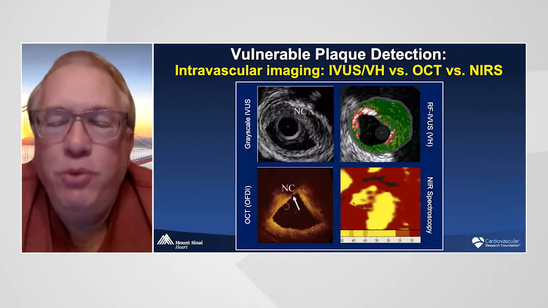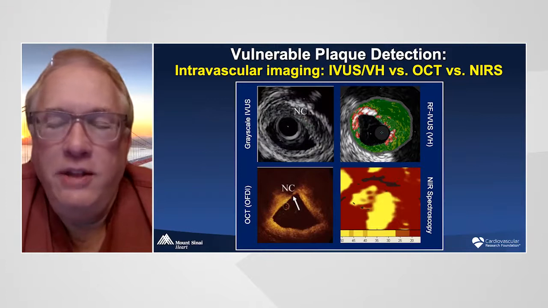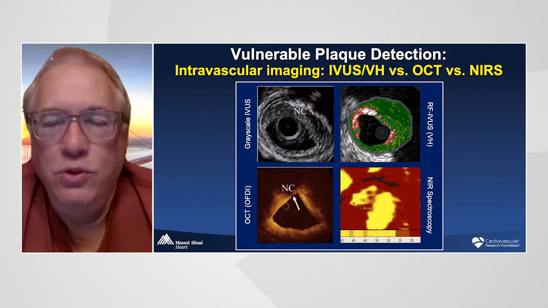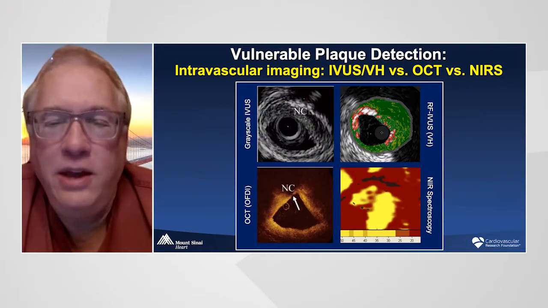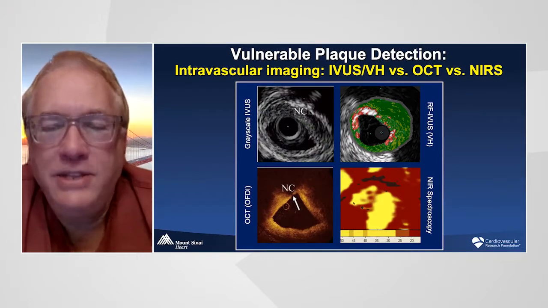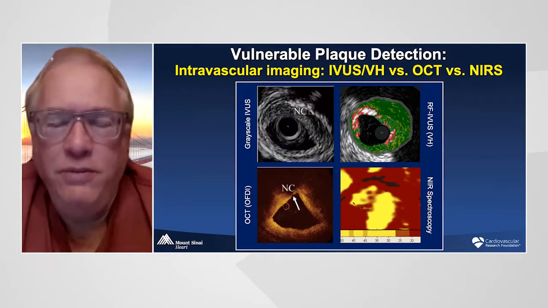Now, from an invasive point of view, which is my own specialty and interest, we've learned that there are 4 FDA-approved diagnostic approaches in the cath lab that we can use to identify plaques that have vulnerable characteristics, either from imaging or from chemography.